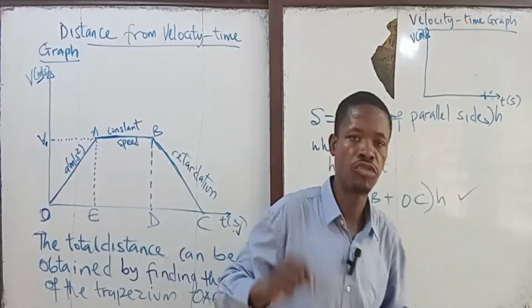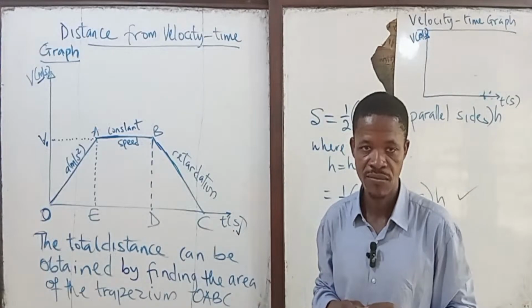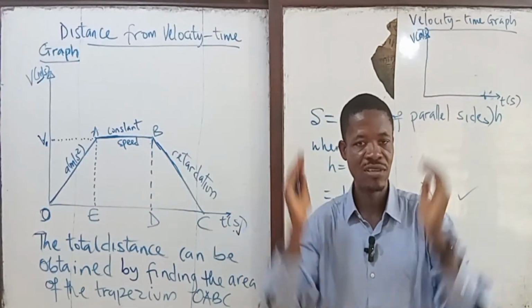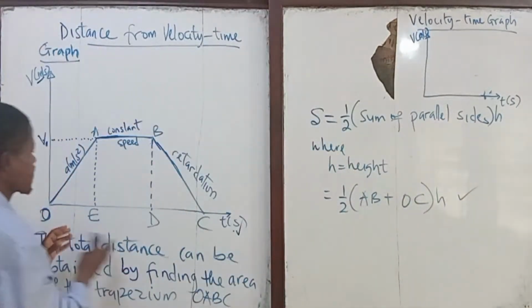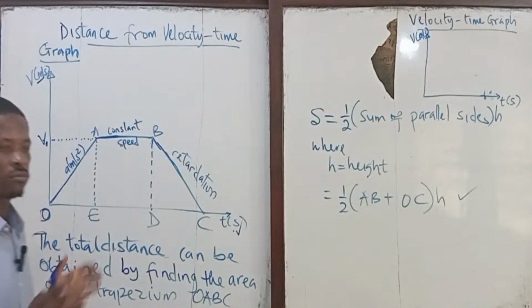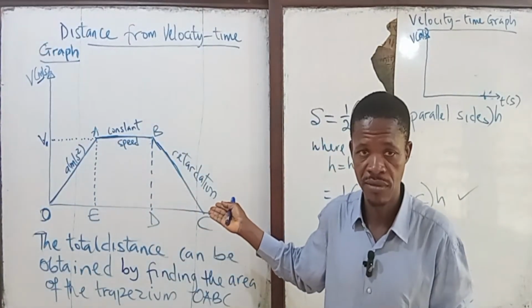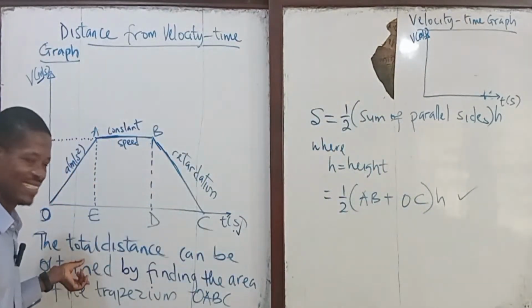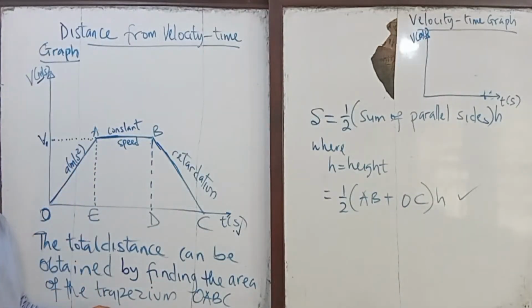Then the next thing to do now: how do we get the total distance from a velocity time graph? Very simple. What you do is look at the geometry of the shape you have. We said here that the total distance can be obtained by finding the area of the trapezium.